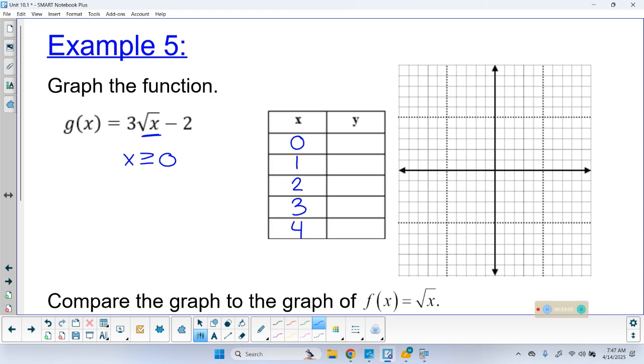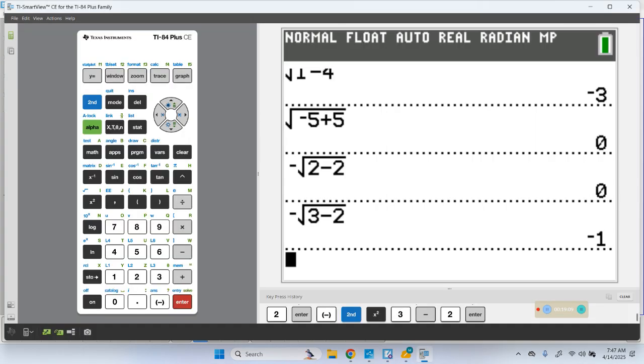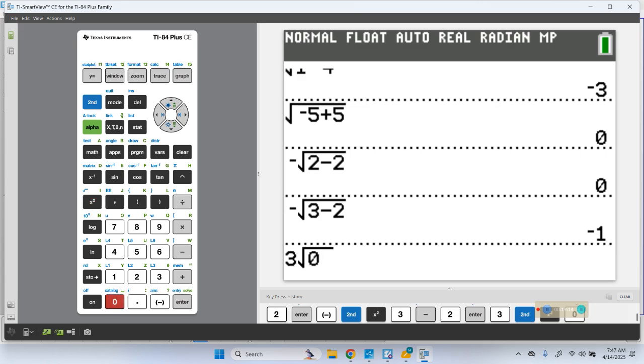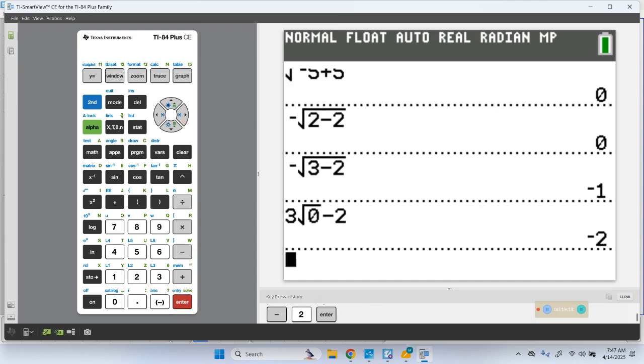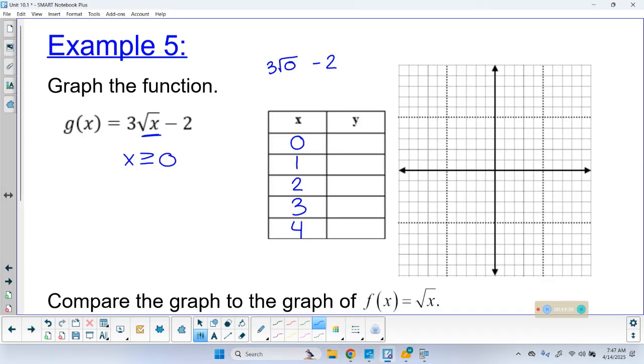So if we plug 0 into x, we're going to have 3 square root of 0 and then minus 2. Pulling up our calculators, 3 square root of 0, you have to hit the arrow over and then minus 2, and you end up getting negative 2.